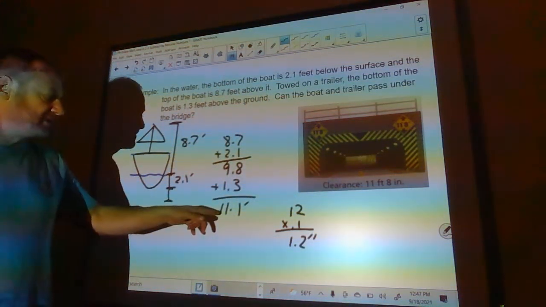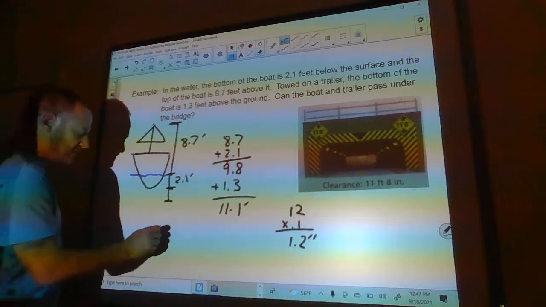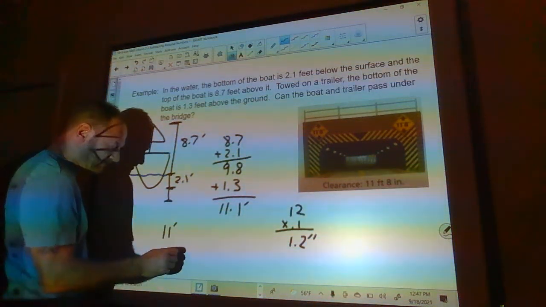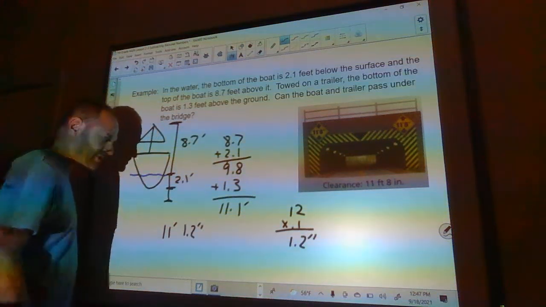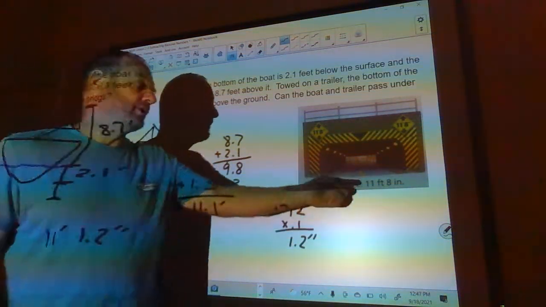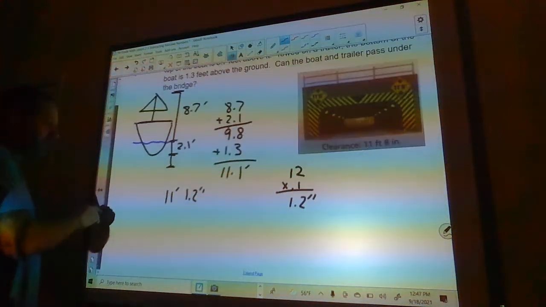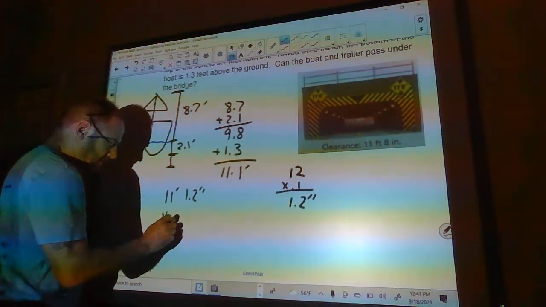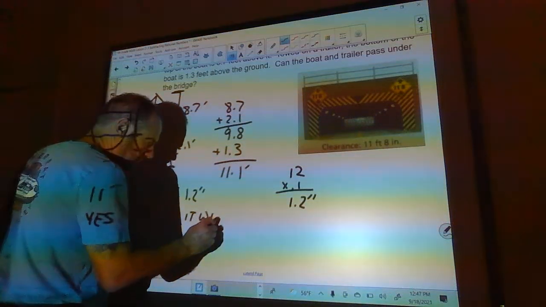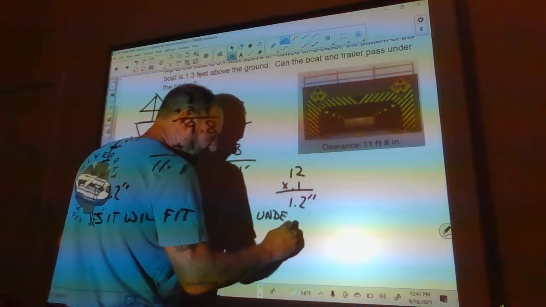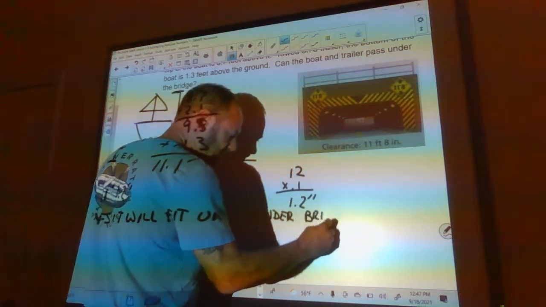So the boat on the trailer is 11 feet, 1.2 inches high. That will fit underneath the bridge at 11.8. So yes, it will fit under the bridge. You should write in complete sentences for a problem like this.